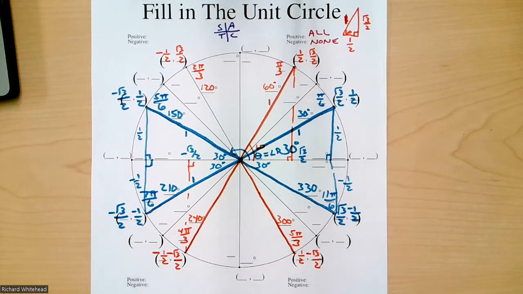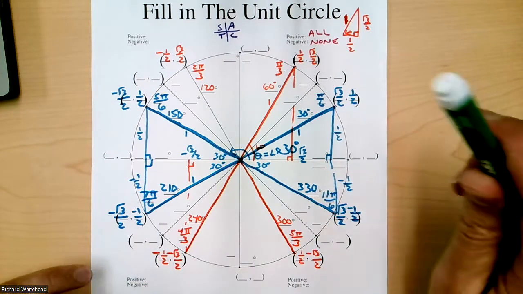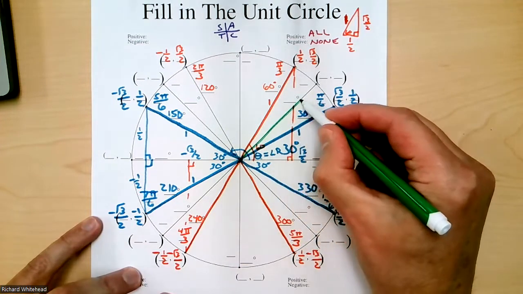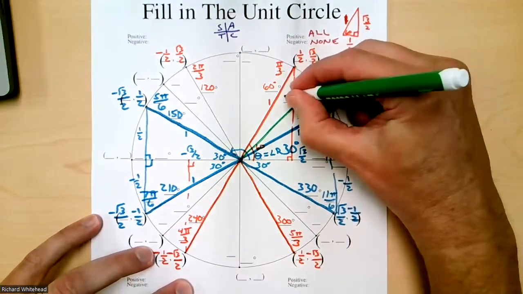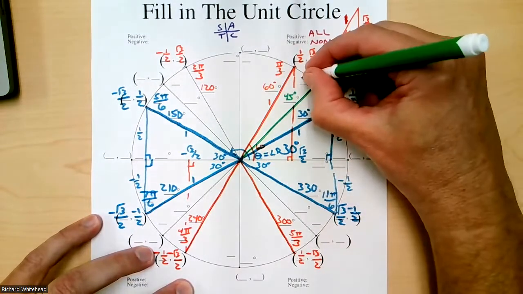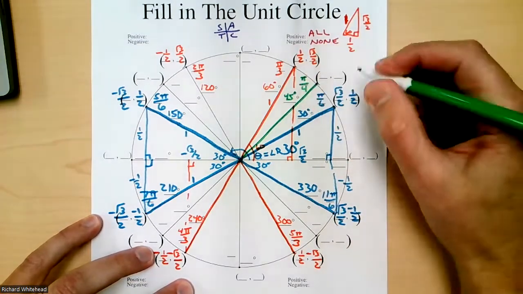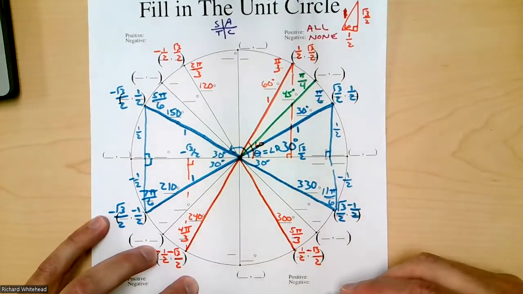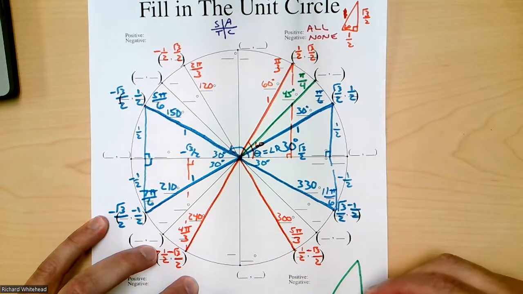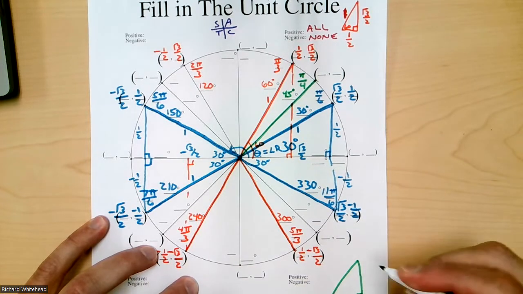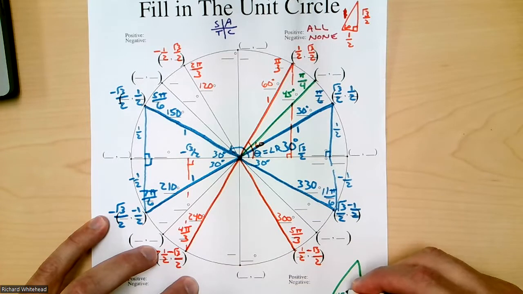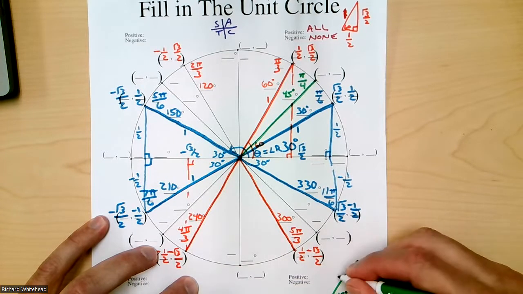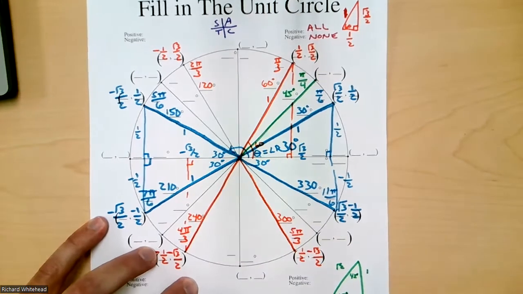Then why don't we go and do the 45s while we're at it? So the 45s, that's 45 degrees and pi over 4. Then you're thinking, okay, what are my values here? I'm pretty sure I showed this in another video, but for 45, normally that would be 1, 1, root 2.